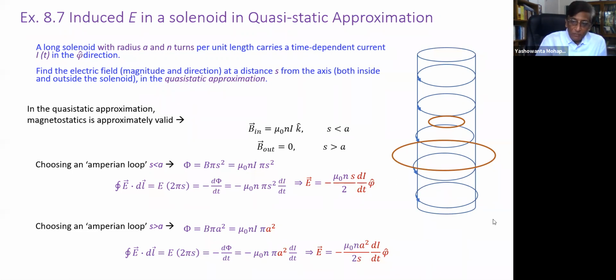Here it builds up as s goes up, and then it drops off outside as 1 by s. These conclusions were all possible under the quasi-static approximation, using the technique of the Amperian loop, with minus d phi by dt treated as if it were mu naught I enclosed.